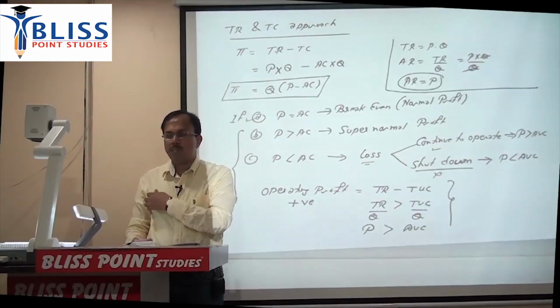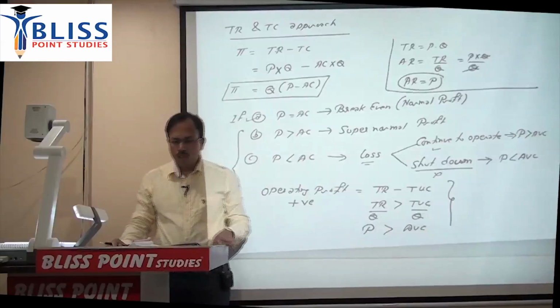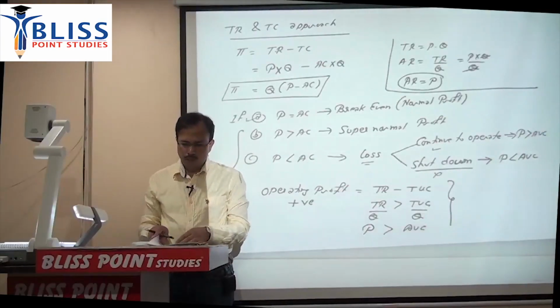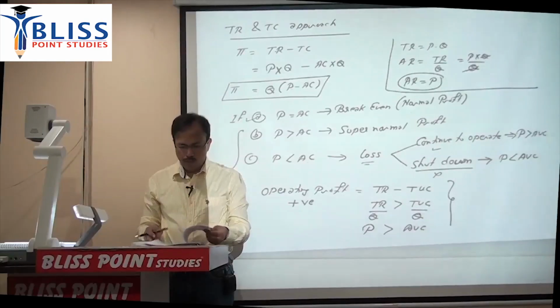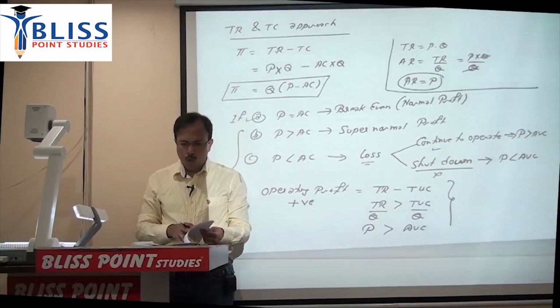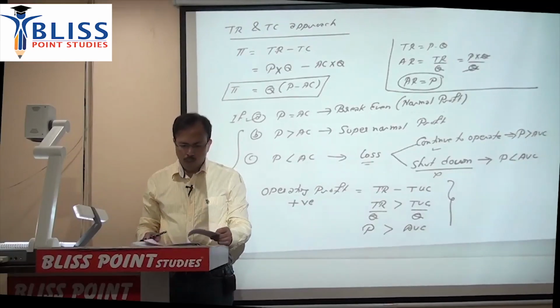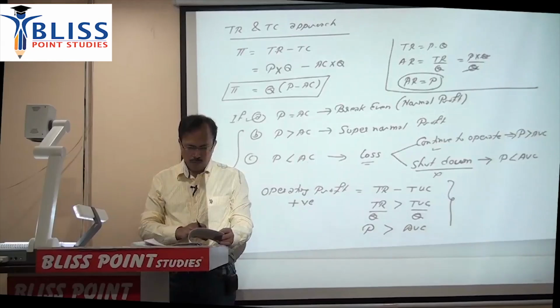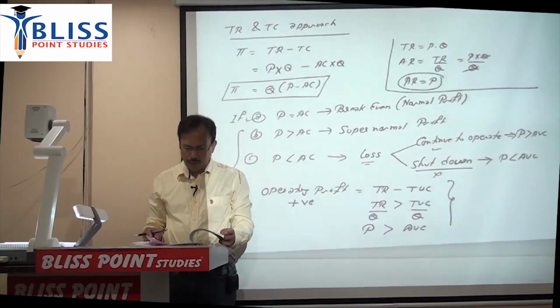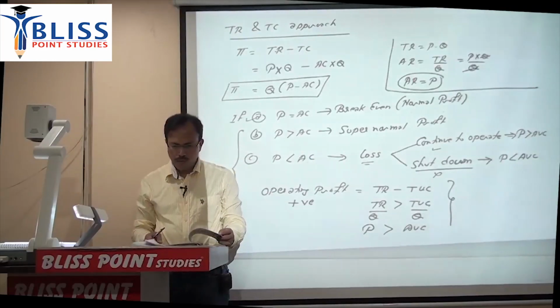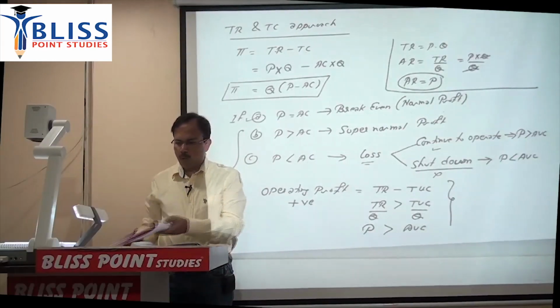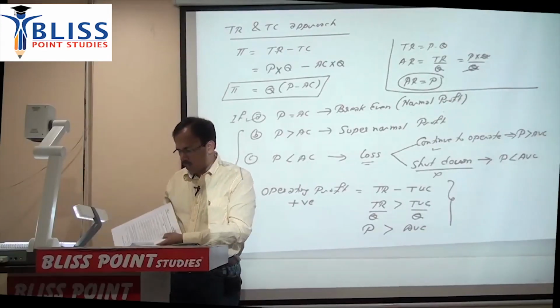The total revenue curve is a straight line through origin, showing that price is constant at all levels of output.